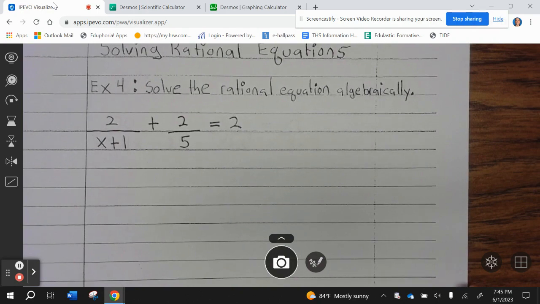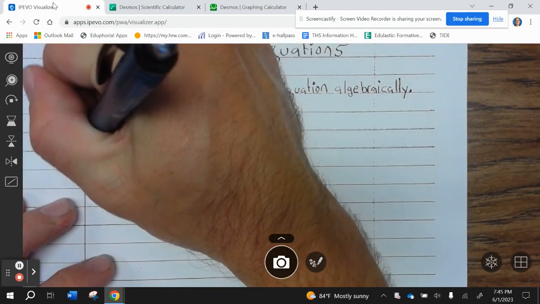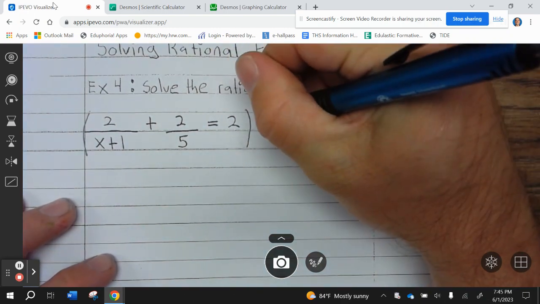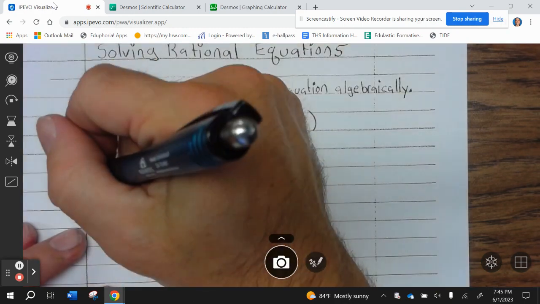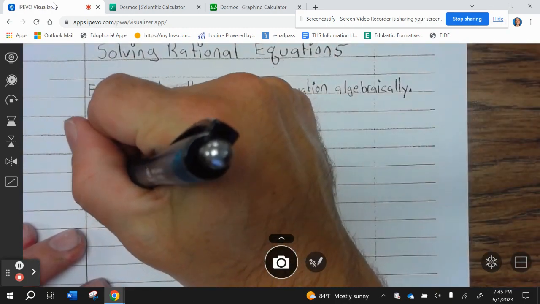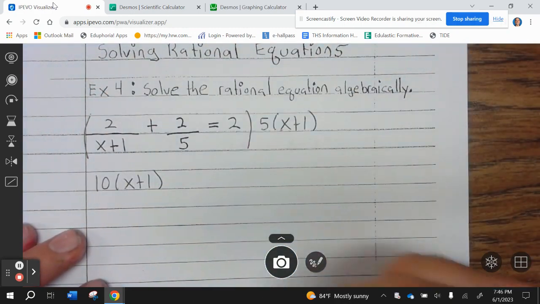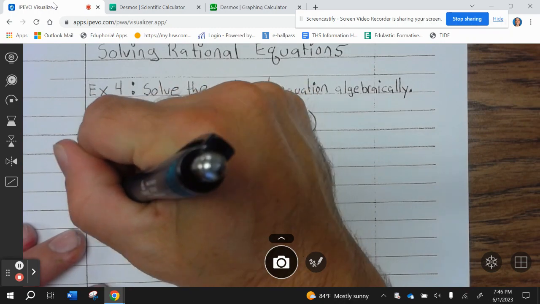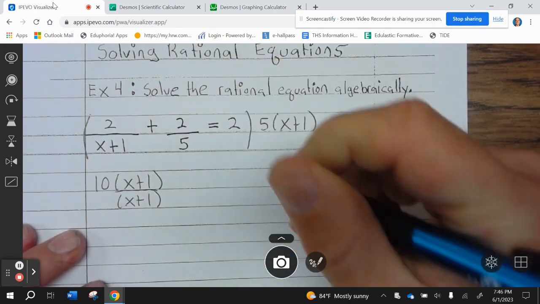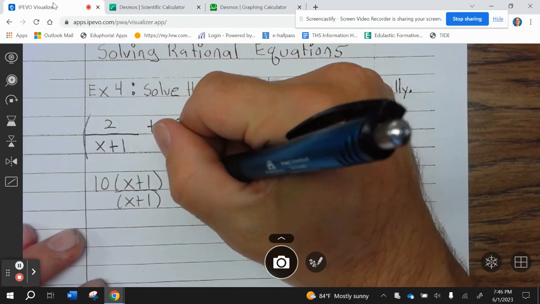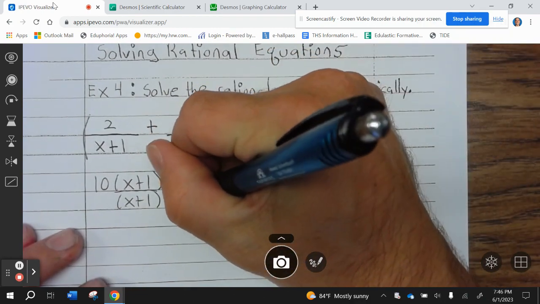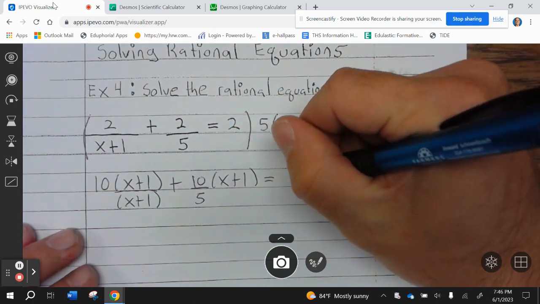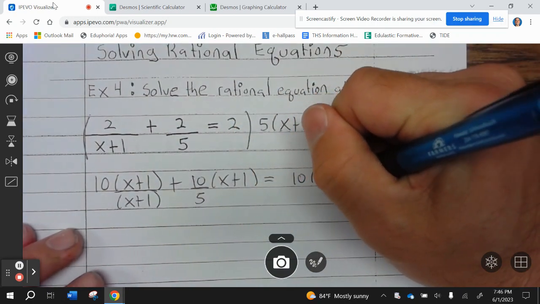Example 4, solve the rational equation algebraically. Okay, so the common denominator is 5 times x plus 1. So this becomes 10 times x plus 1 divided by x plus 1 plus 10 times x plus 1 divided by 5 equals 10 times x plus 1.